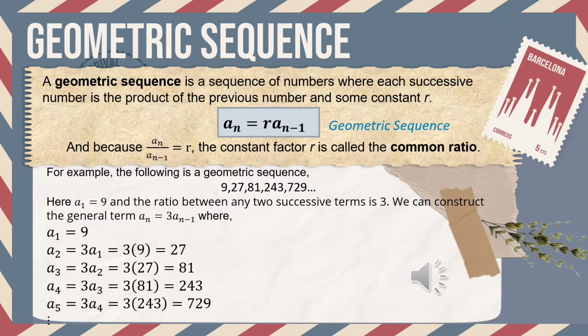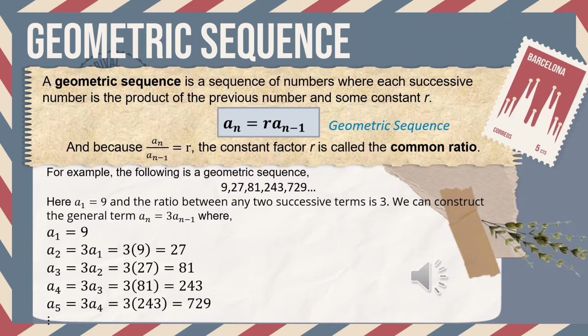729. Here, the first term is 9 and the ratio between any two successive terms is 3. We can construct the general term a sub n is 3 times a sub n minus 1, where the first term is 9, the second term is 3 times the first term, 3 times 9 is 27.